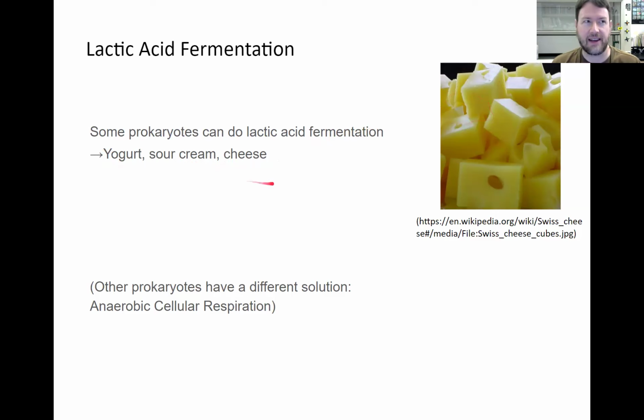One bacteria produces lactate, and then a different bacteria ferments the lactate into propionate and forms the little holes of carbon dioxide. Again, the biochemistry we don't need to know, but we have taken advantage of this type of fermentation to make some tasty foods that are a little bit sour because of that lactic acid.